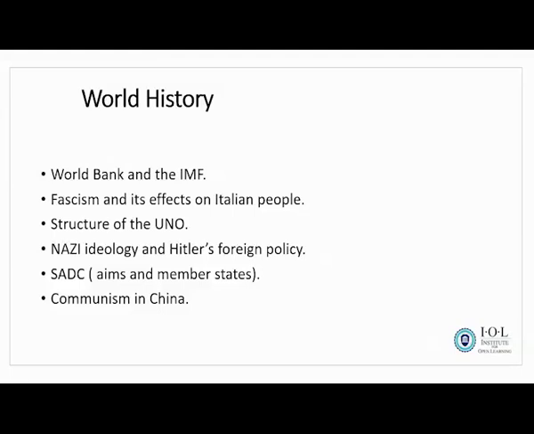The way it was practiced in China, some people benefited from it, and some people did not benefit, did not like it. So you should also evaluate this communism by looking at its disadvantages and advantages, the way it was practiced in China. This includes the 5-year plans, everything that was practiced in China under this communism.